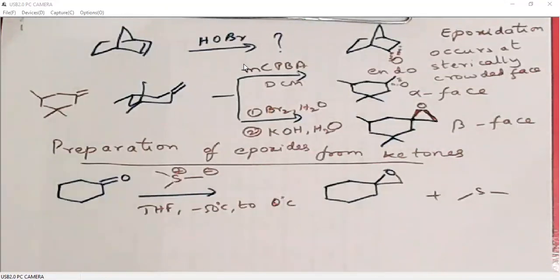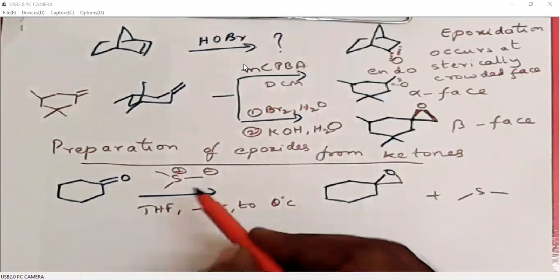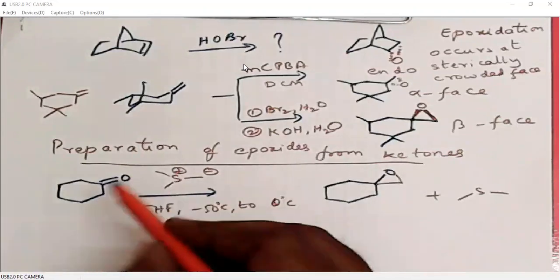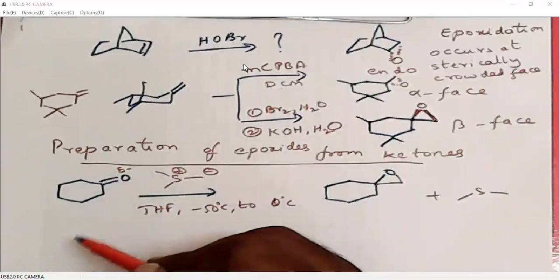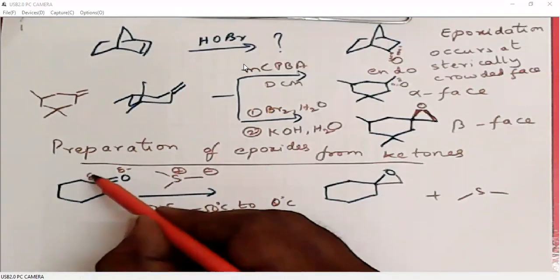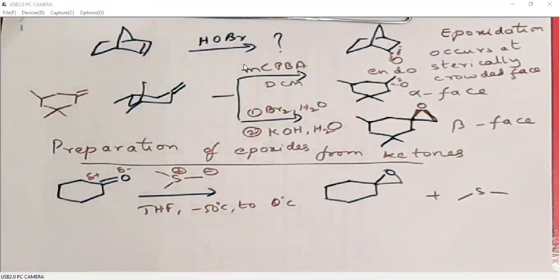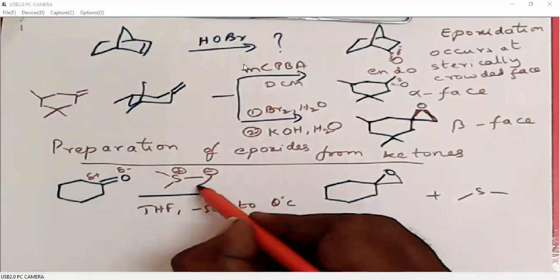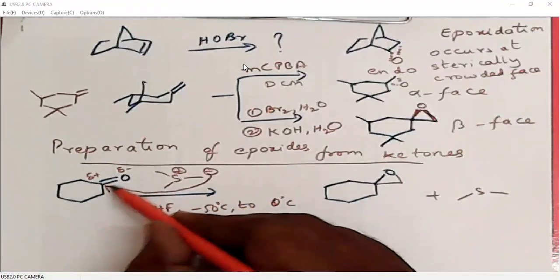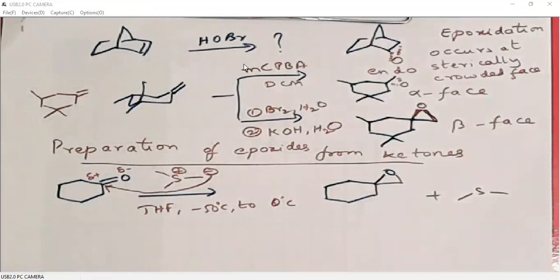I will also give the mechanism. Carbonyl oxygen is partially electronegative, and carbonyl carbon is partially electropositive. Then the methylide will attack the carbonyl carbon.